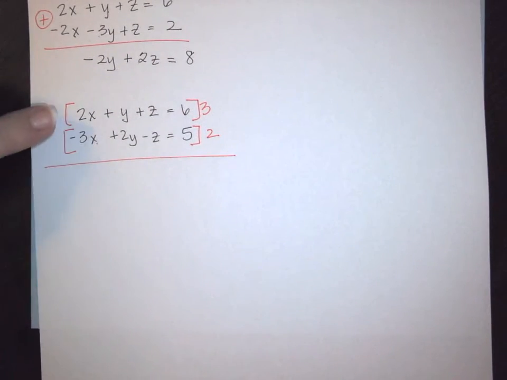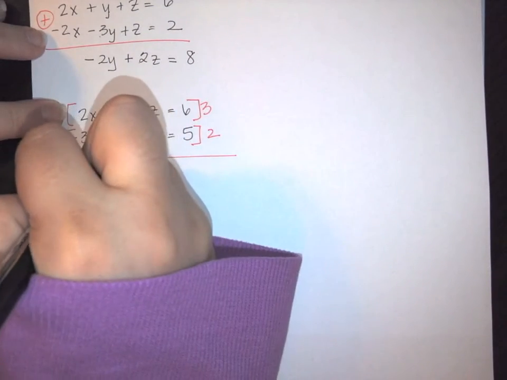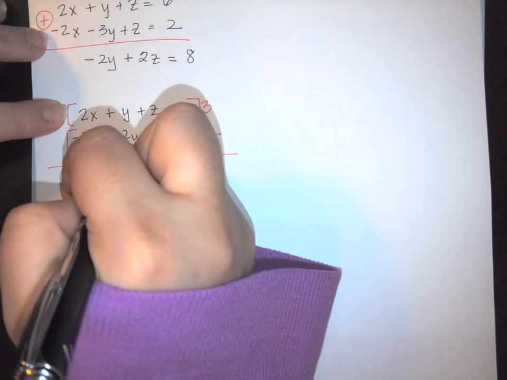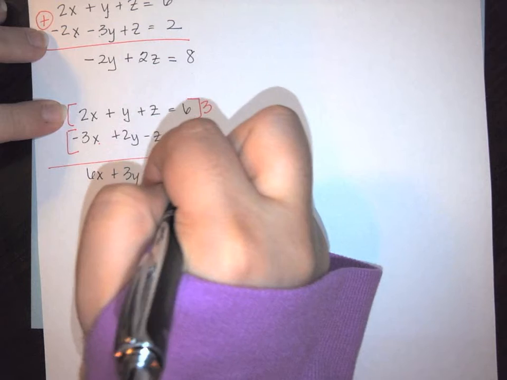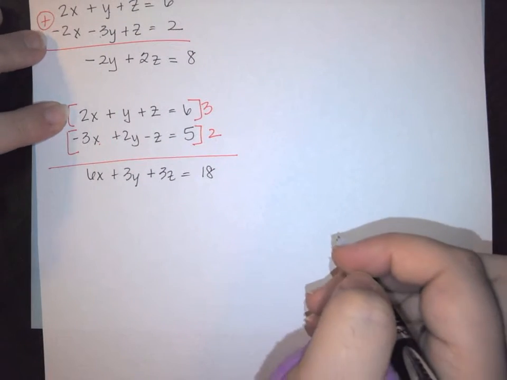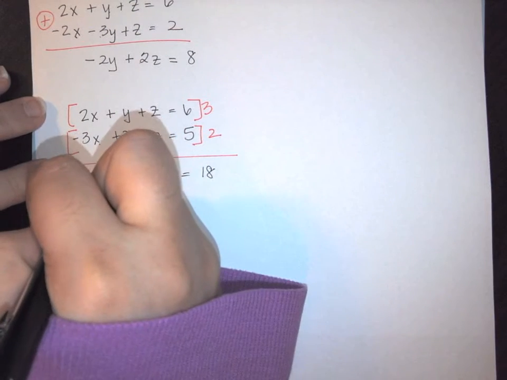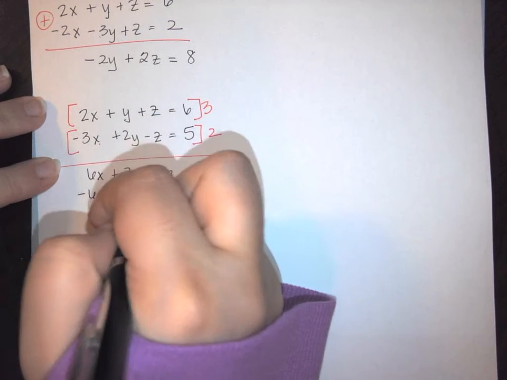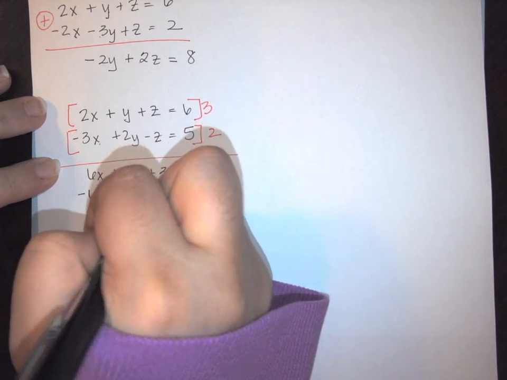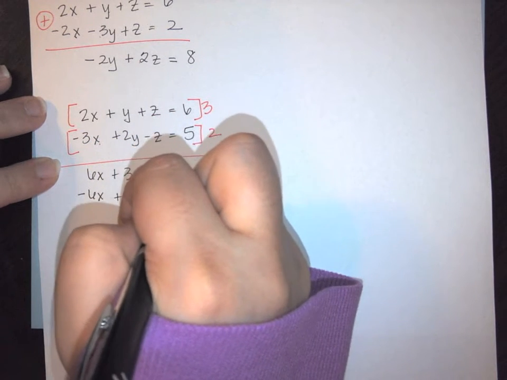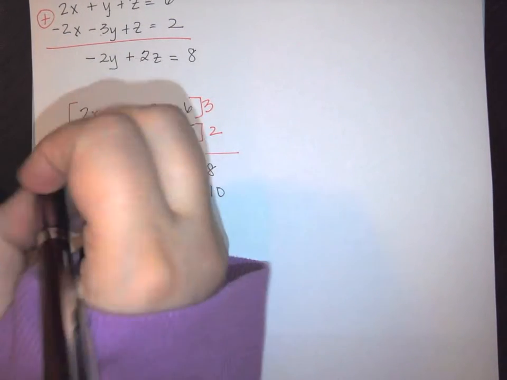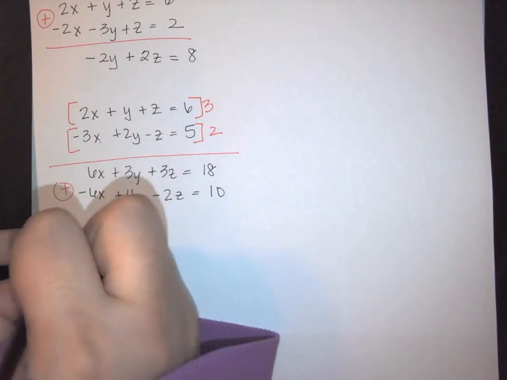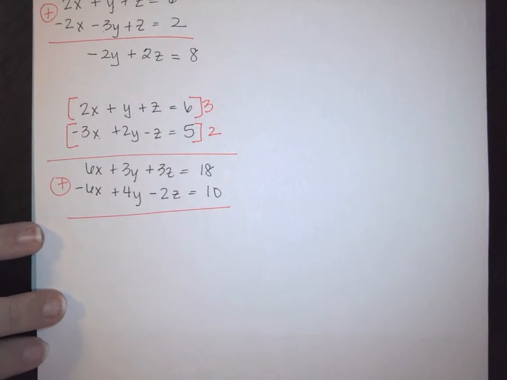So when I do that, 3 times 2 is going to give me 6x plus a 3y plus a 3z is equal to 18. The bottom is going to give me a negative 6x plus a 4y minus 2z is equal to 10. Again, like before, I can now add old school math.